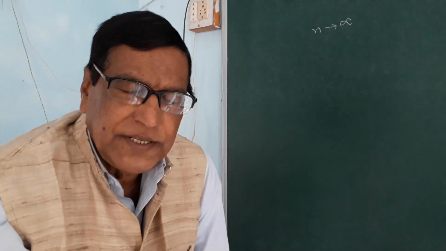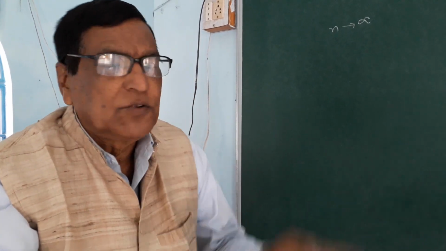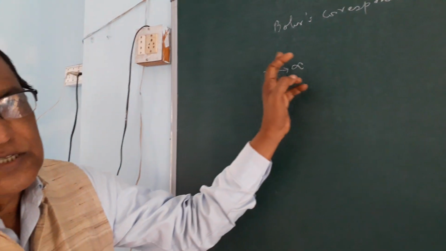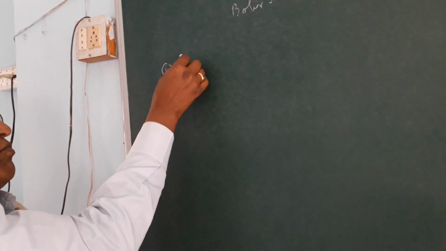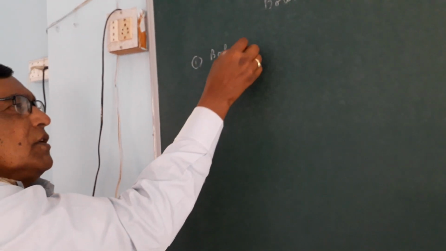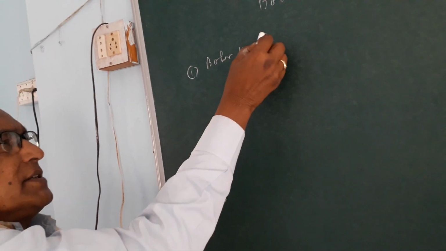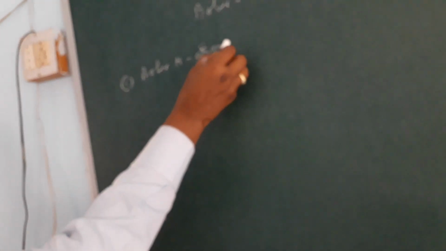Both are the same, both correspond to each other and they are merging, provided the quantum number describing the system is very high. First, I shall discuss the Bohr hydrogen atom.